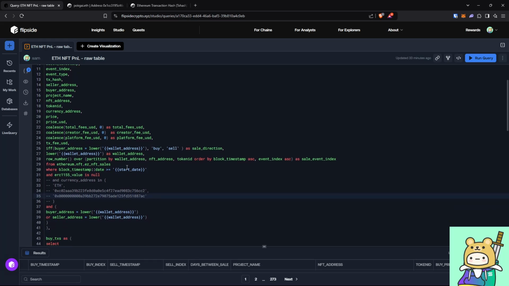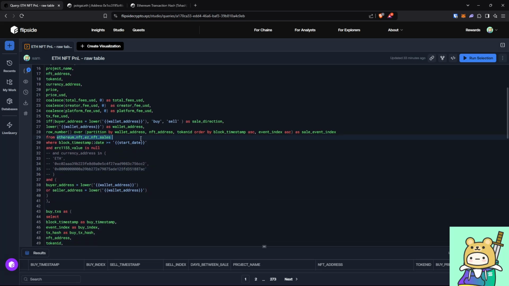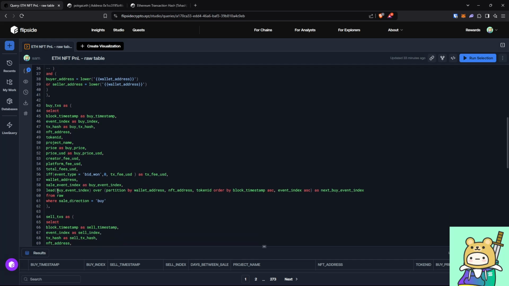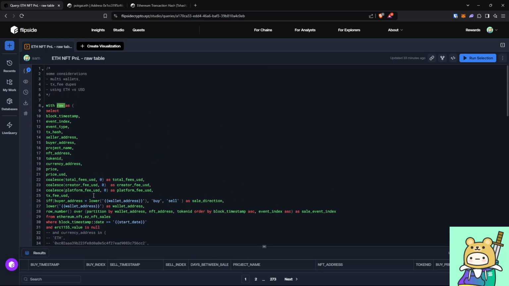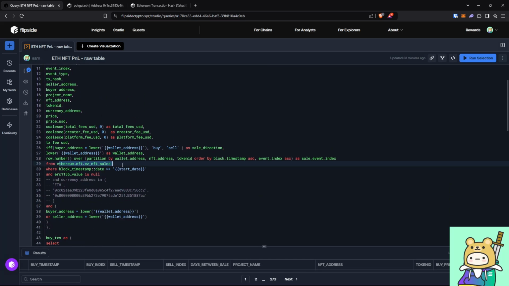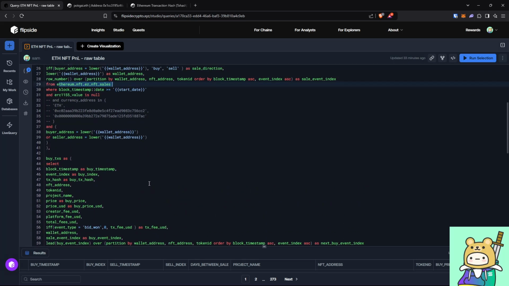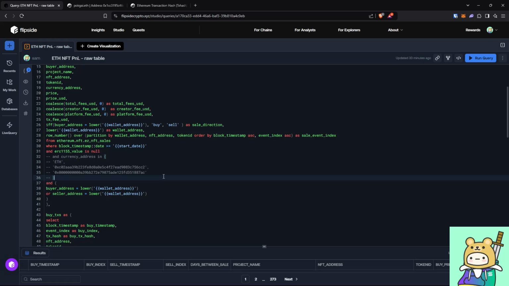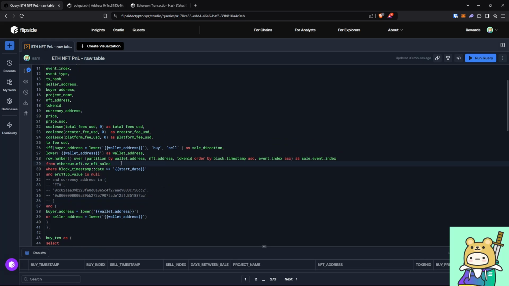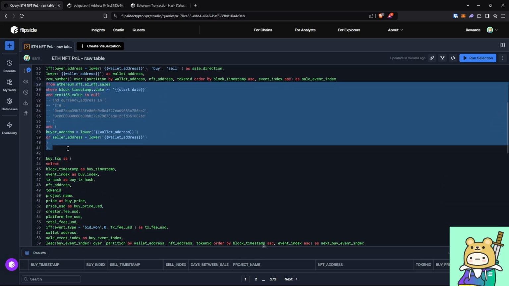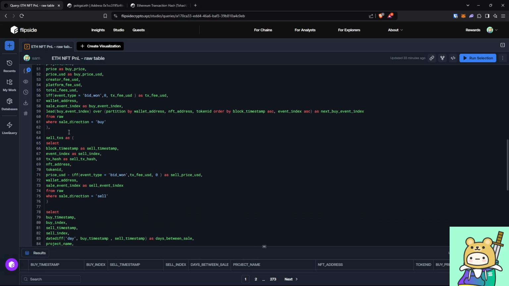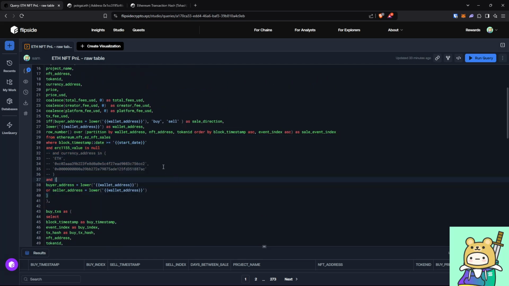And another thing I like to do is I normally only like to reference the table once. If you can see here, I'm referencing the table for buy from raw, which is my CTE here, and the CTE references the sales table once. The benefit of this is that Snowflake will just have to go into this table one time and get all the filters and then perform all the CTE stuff.